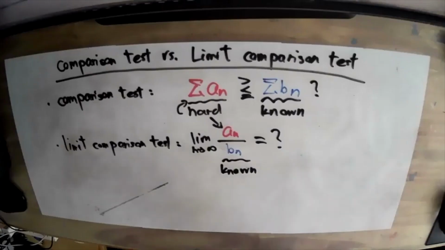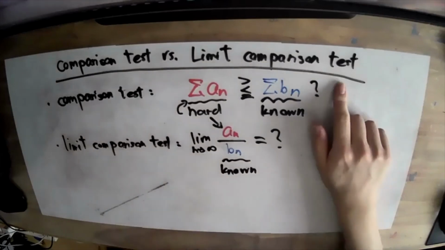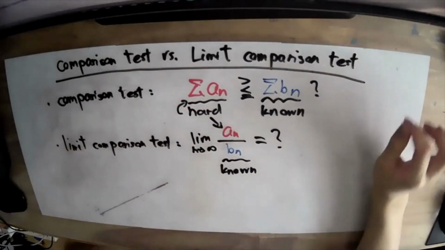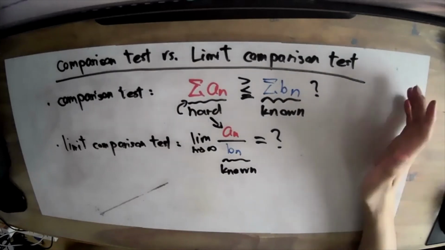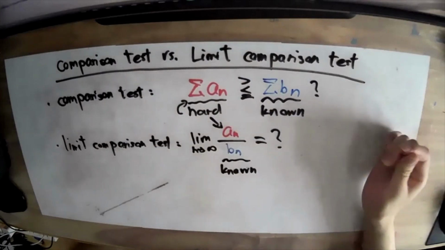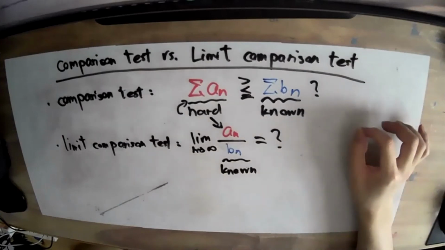So now let's compare the two methods we learned, the comparison test and the limit comparison test. Both methods are tests we can use to figure out whether An converges or diverges, where An is a sequence which is a bit difficult to figure out at first glance.